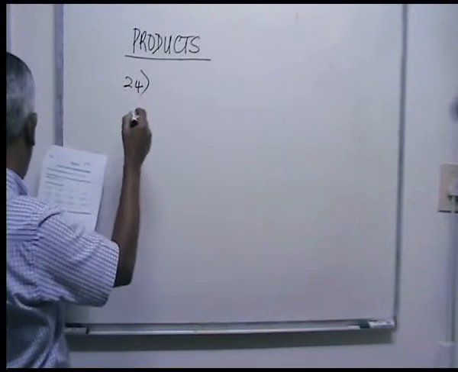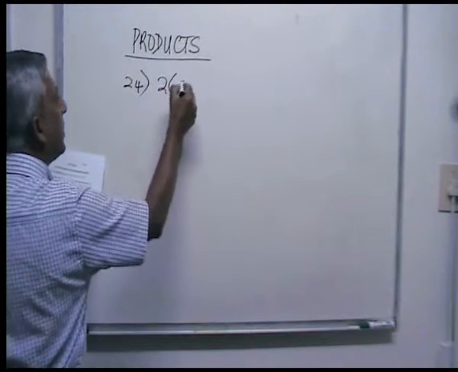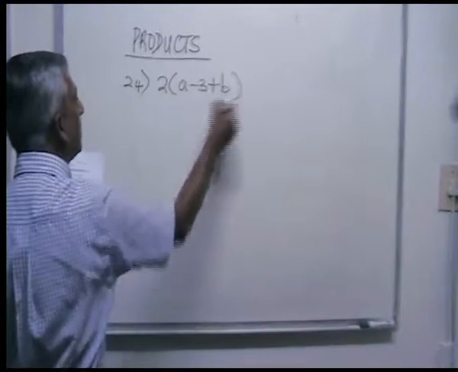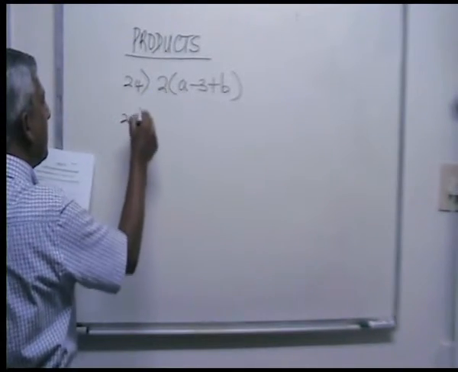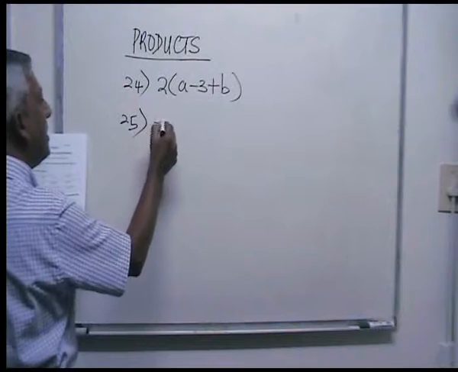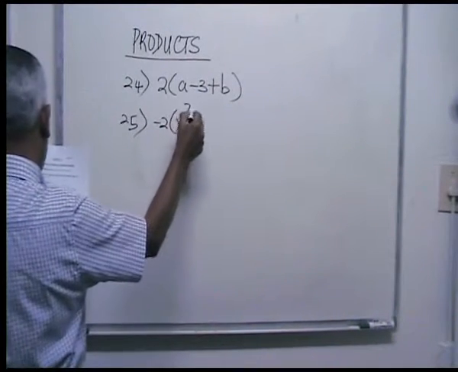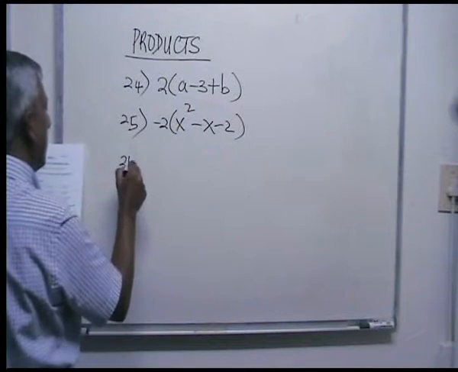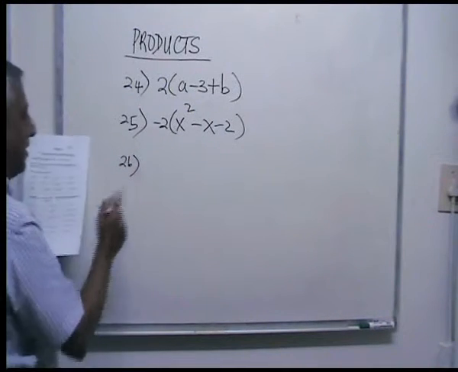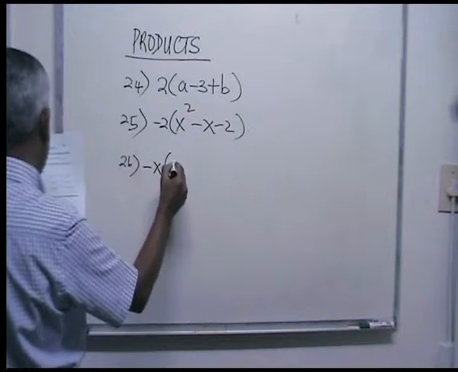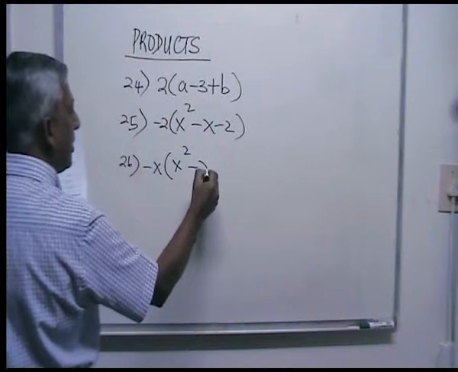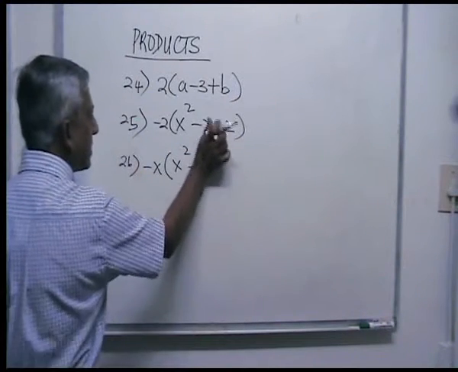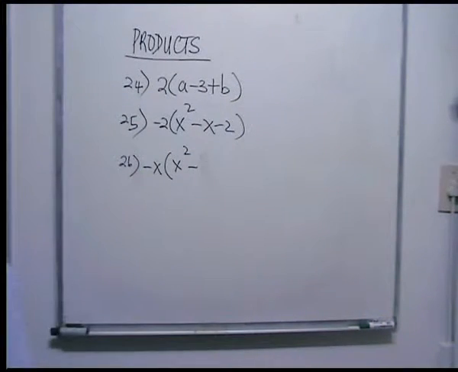Right, number 24: 2 into (A minus 3 plus B). Number 25: minus 2 into (x squared minus x minus 2). Number 26: minus x into (x squared minus x minus 2). Sorry about that. Let's clean up properly.